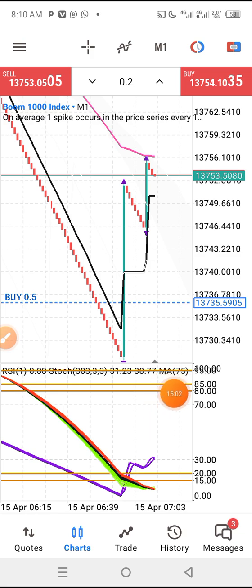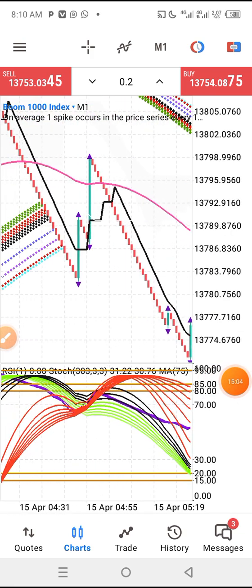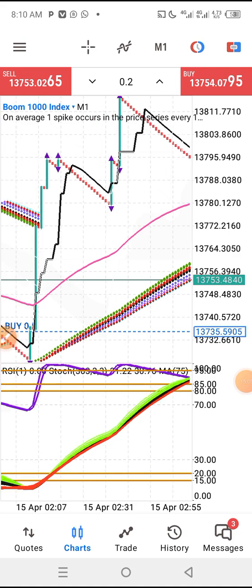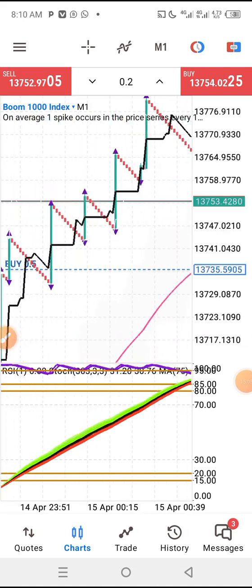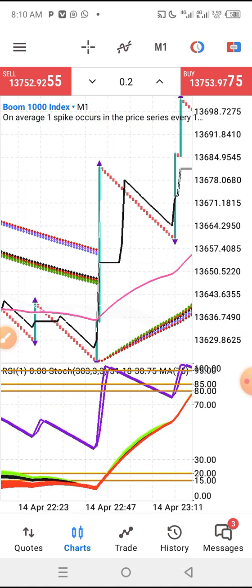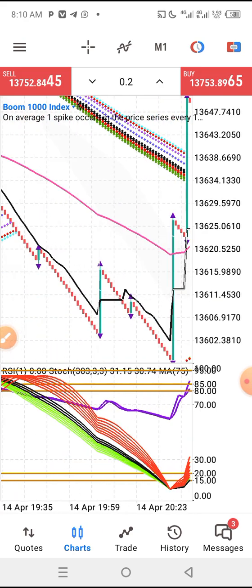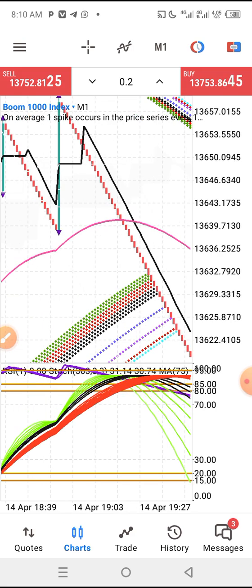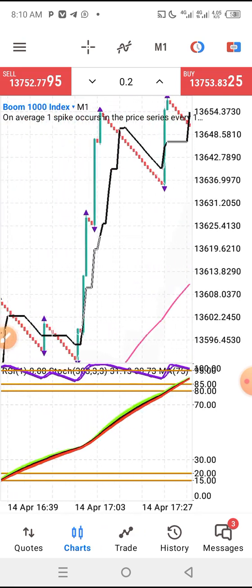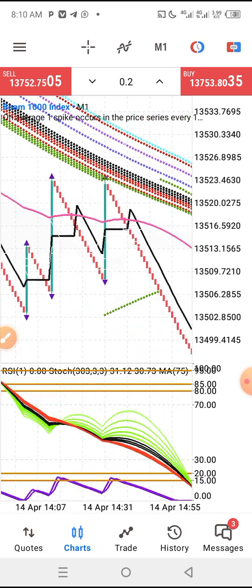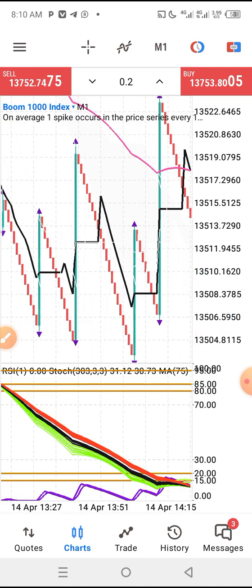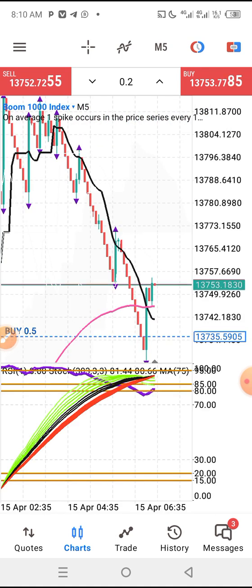That is why, considering 1 minute usage, I must tell you that this setup is best used on 5 minutes, 15 minutes, and 30 minutes, not 1 minute. Not that 1 minute doesn't work, but it's so fast in acting, so it's best to use it on 5 minutes, 15 minutes.